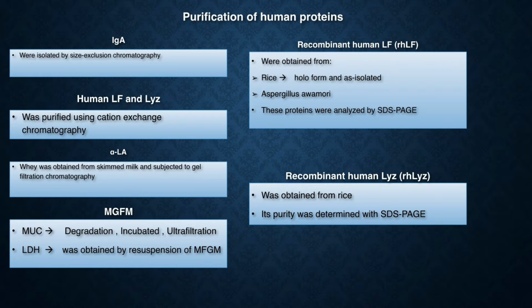LDH was obtained by resuspension of MFGM. Recombinant human LF was obtained from rice and Aspergillus awamori, in holo form, and isolated. These proteins were analyzed by SDS-PAGE. Recombinant human LIS was obtained from rice. Its purity was determined with SDS-PAGE.